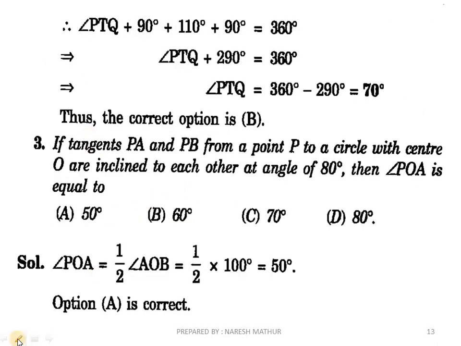In the third one, tangents PA and PB, let's say this point is P, this one is A, and this one is B, are inclined to each other at an angle of 80 degrees, so this angle would be 80.